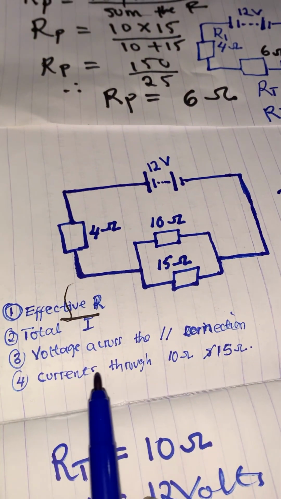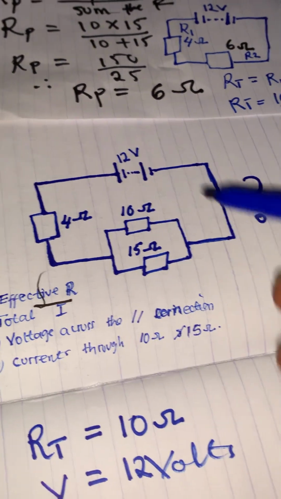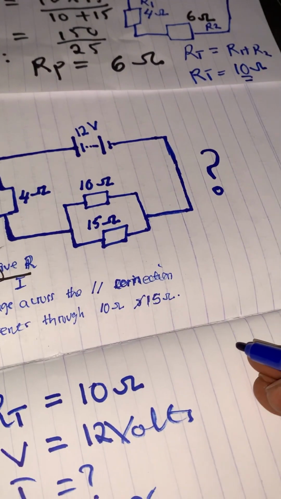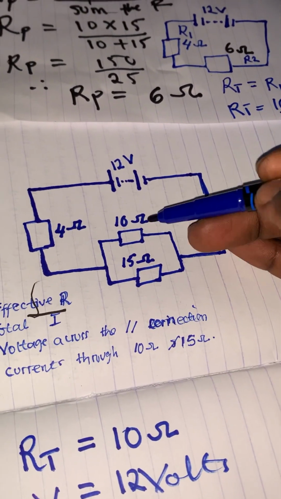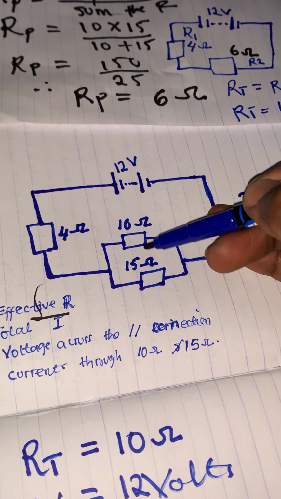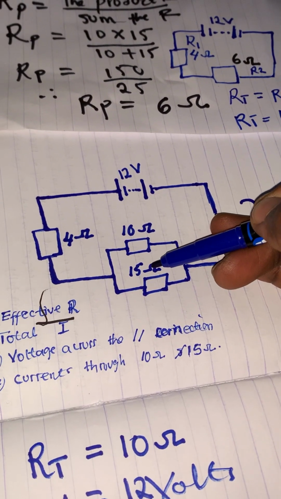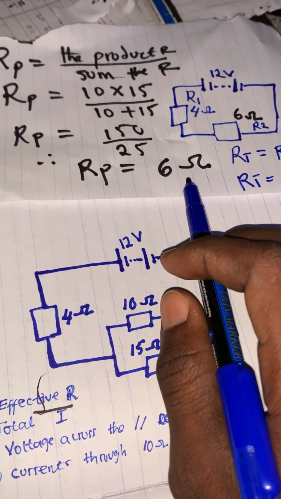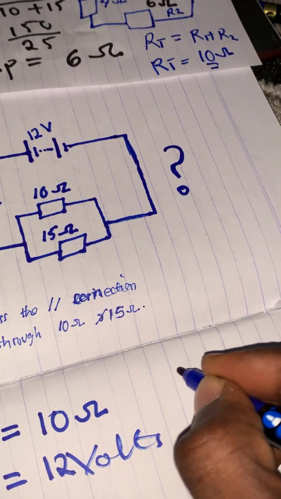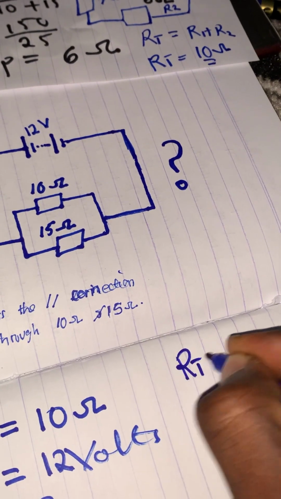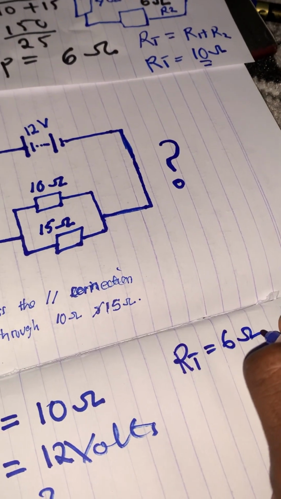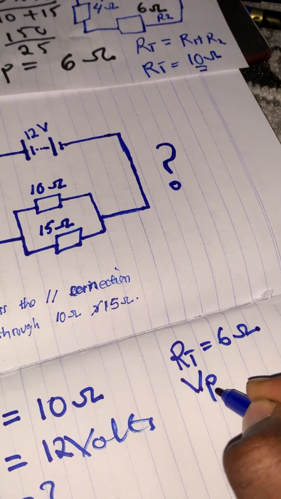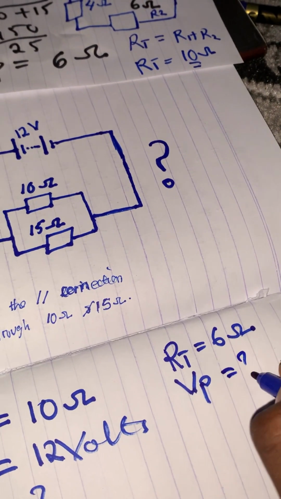And question 3 is to find the voltage across the parallel connection, the voltage across this connection. To find the voltage across a parallel connection, we need to find the total parallel resistance, and here the total parallel resistance, as we obtained, is 6 ohm. Therefore, we have R total equals 6 ohm. Then Vp, that is the voltage across the parallel resistance, equals unknown.